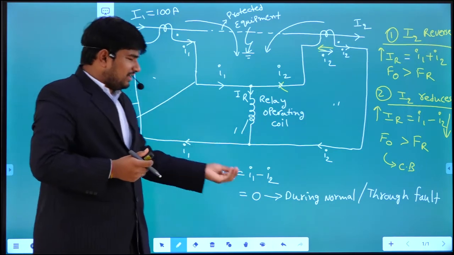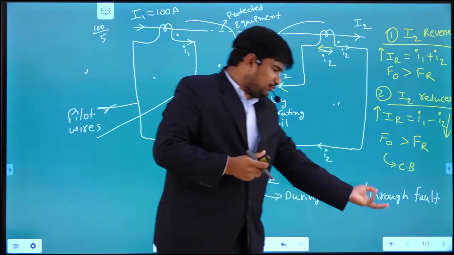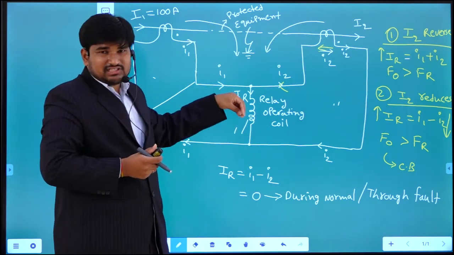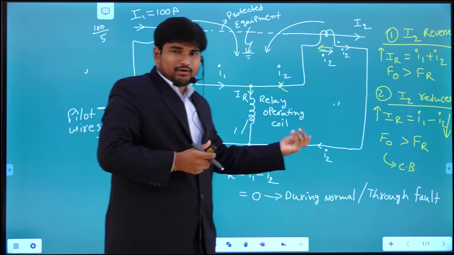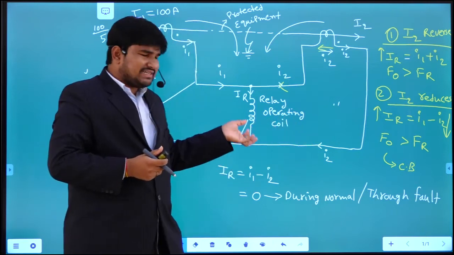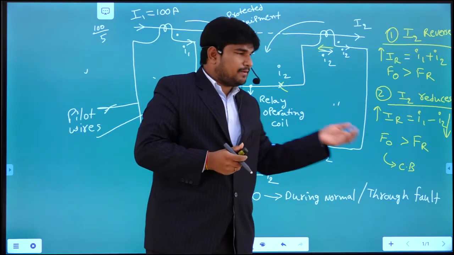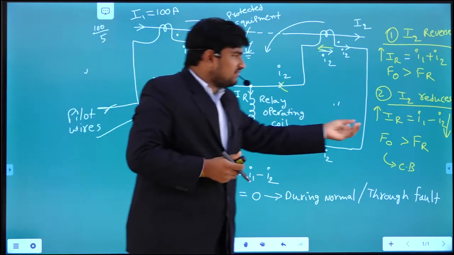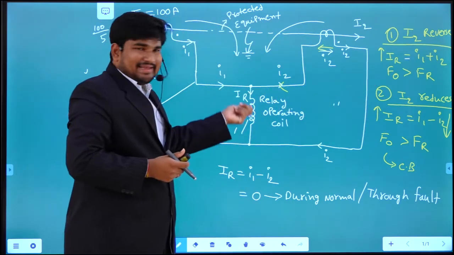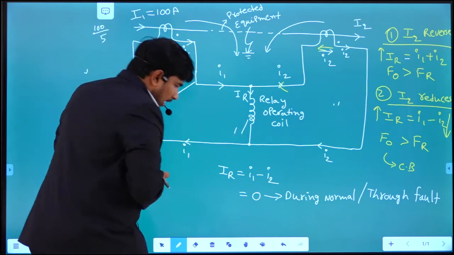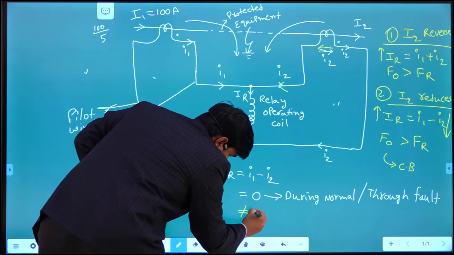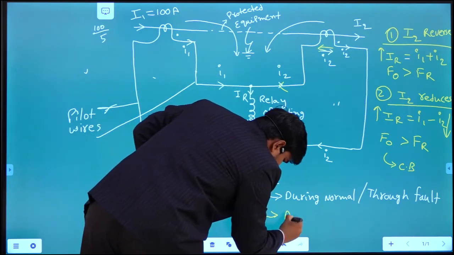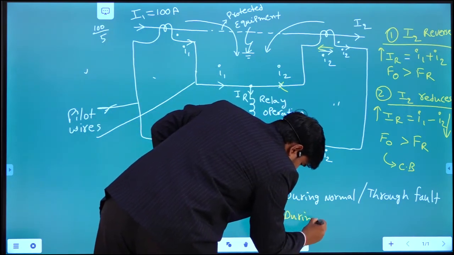We have seen that during normal operating condition and during through faults, there is no signal passing through the relay operating coil. Hence, no signal is given to the circuit breaker. But during internal faults, because of the increased relay operating current, IR will not become zero.